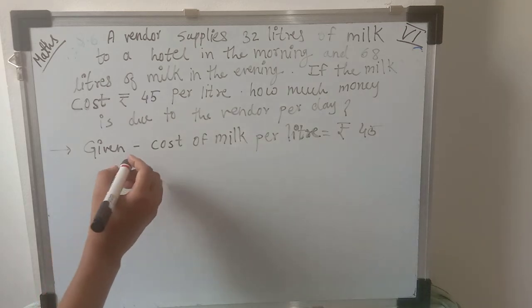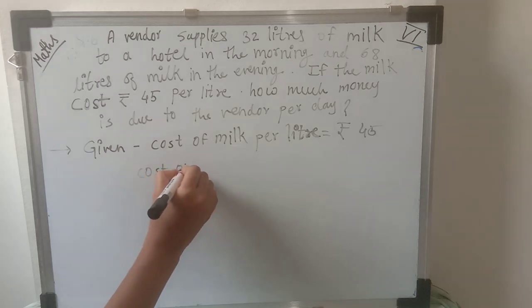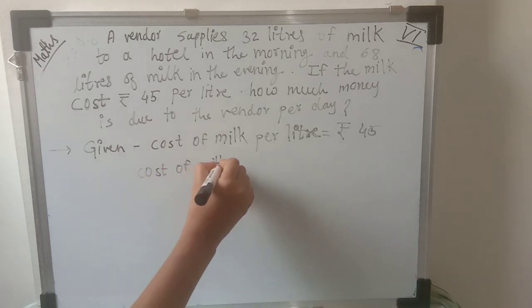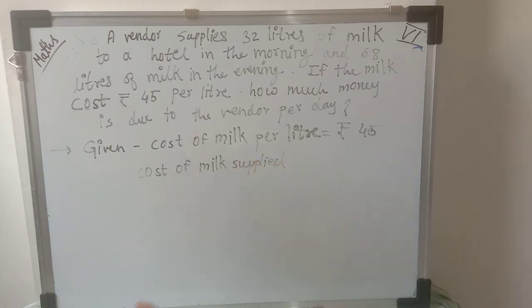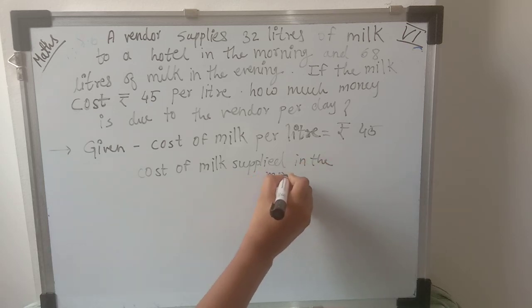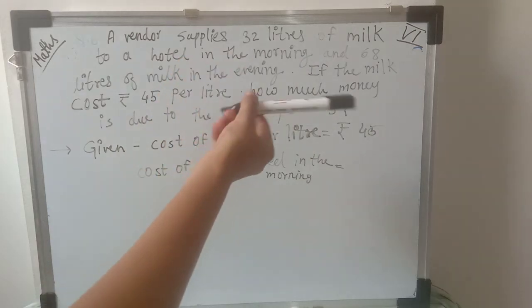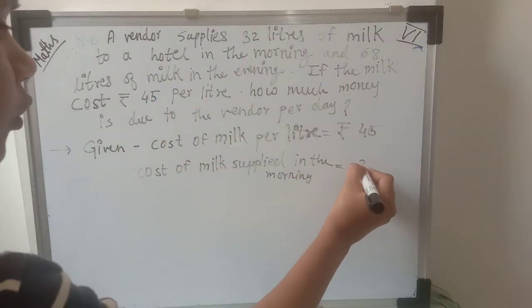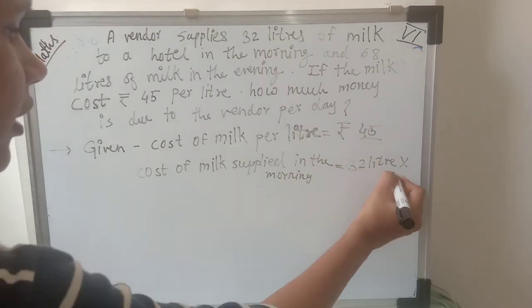Now here the next given is cost of milk supplied in the morning. Okay, that we don't know, what is the total cost for the 32 liters. So what we will do, 32 liters multiplied by the cost per liter 45.